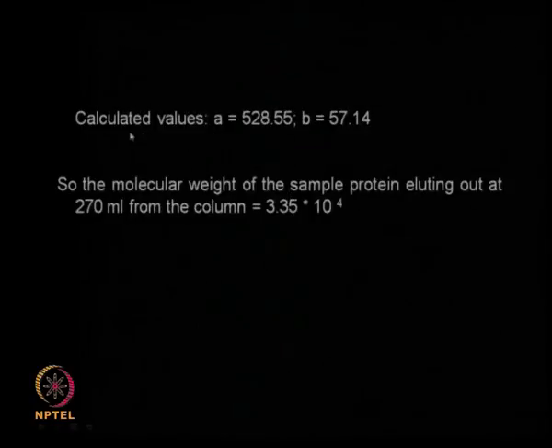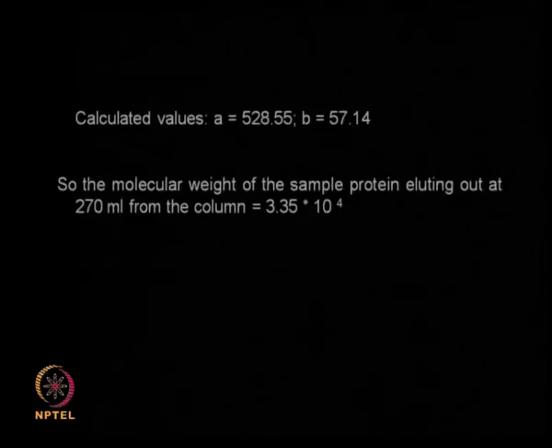So the values for A and B are given. So the molecular weight of the sample protein which is eluting out at 270 ml is 3.35 into 10 power 4. Okay. So quite a simple problem. The problem is based on elution volume being a function of the logarithm of molecular weight in a linear fashion.